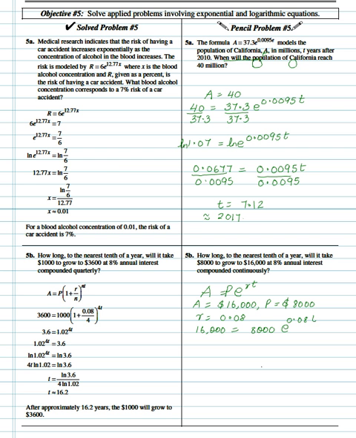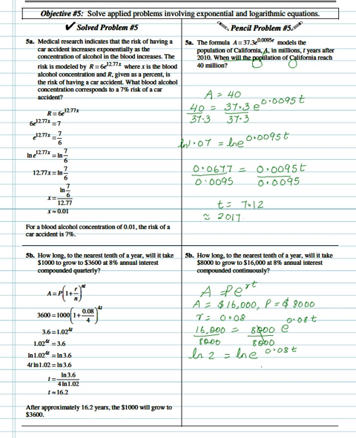0.08 times t. And again, the exponential has to be by itself. So I divide both sides by 8,000. So I get 2 is equal to e to the power 0.08 t. Exponential is by itself, and I have an e, so I take ln on both sides.